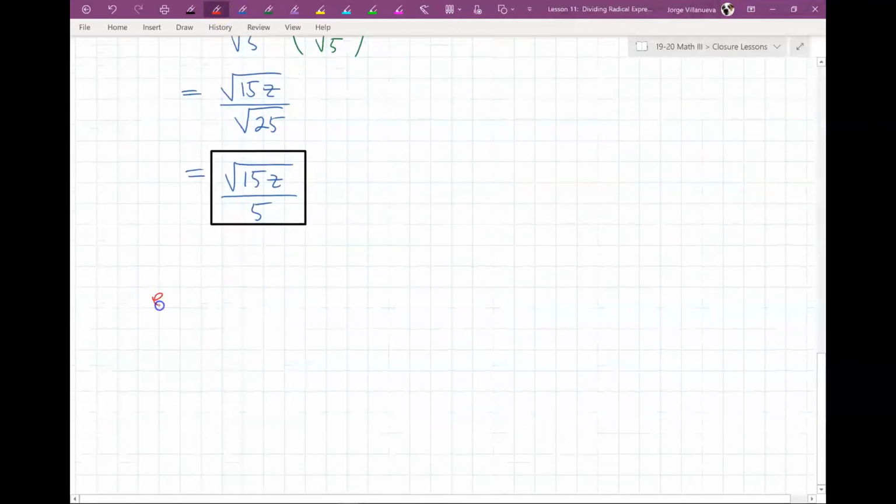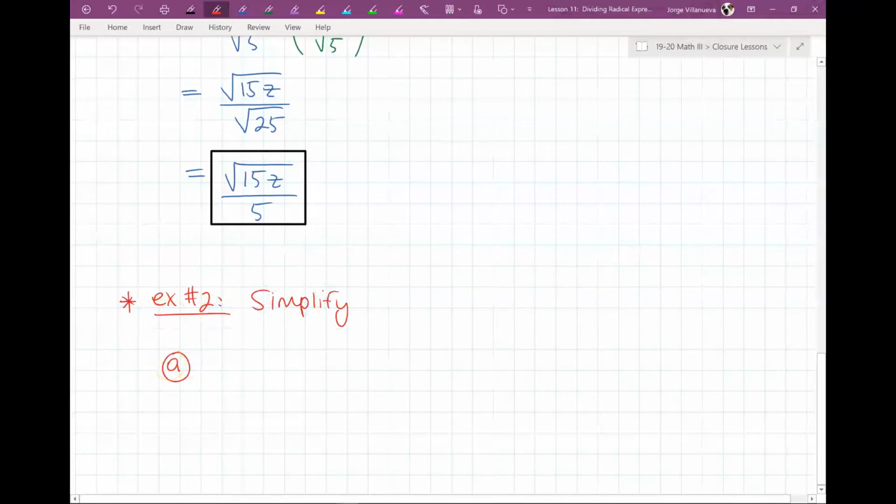Okay, so this is going to be example number 2. Simplify. And we'll start off with, I guess you could say, an easier one. The 6th root of a times the 4th root of a to the 3rd.